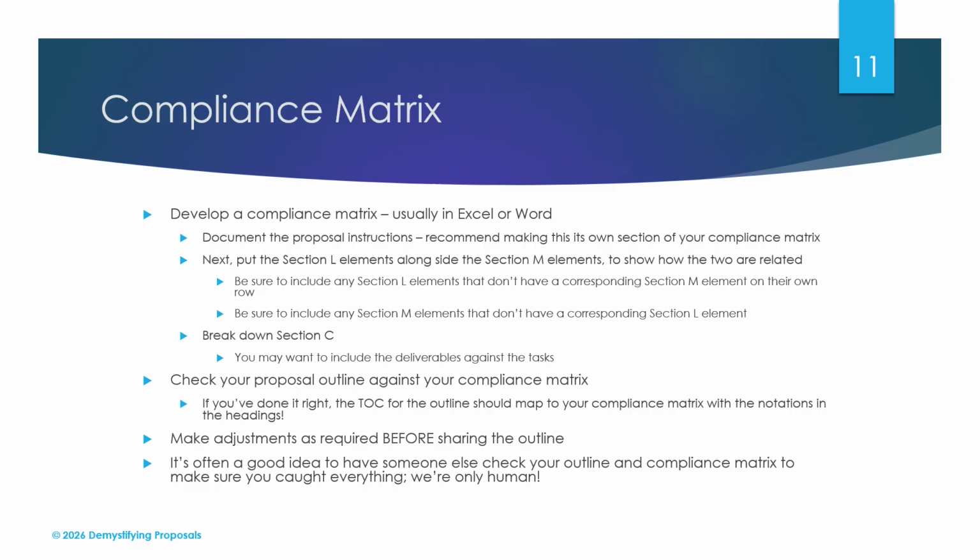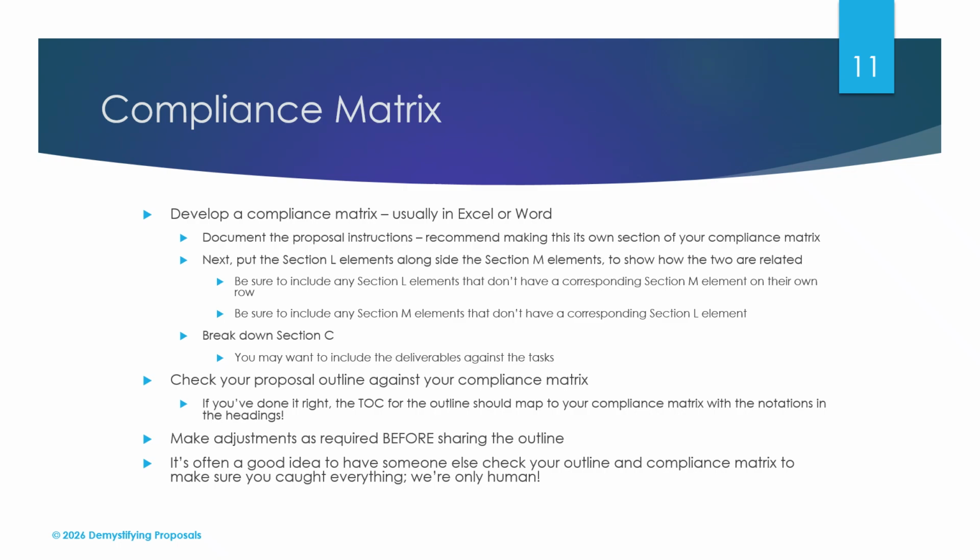Be sure to include any L elements that don't have a corresponding M element in their own row, and be sure to include any section M elements that don't have a corresponding L element also in their own row. Then break down section C. You may want to also include the deliverables as well as the tasks.